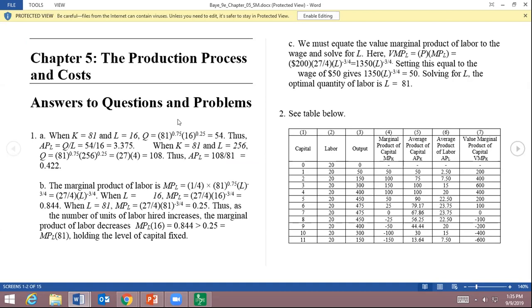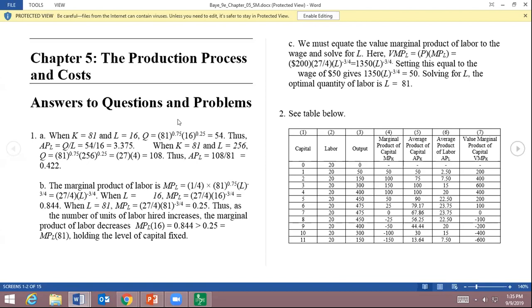The equation that we're always going to use is we set W equal to the value of the marginal product of labor, and then we solve for the labor star, the labor amount that maximizes profits.